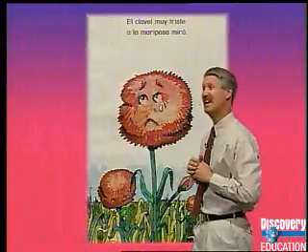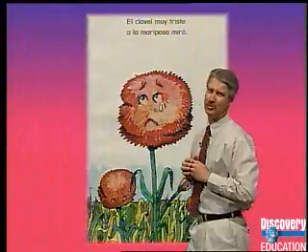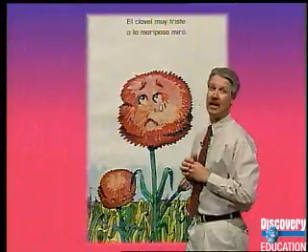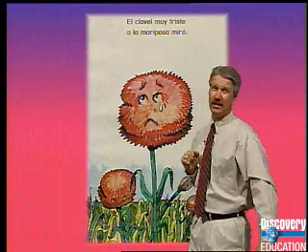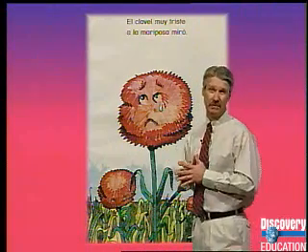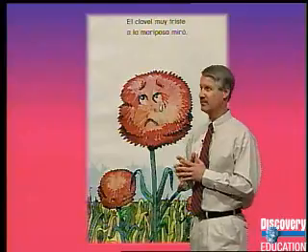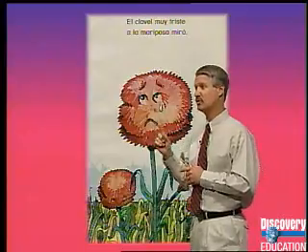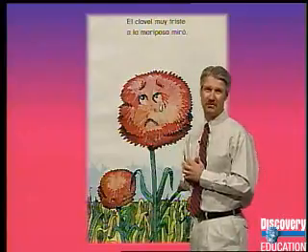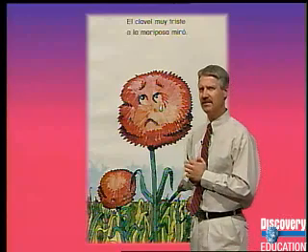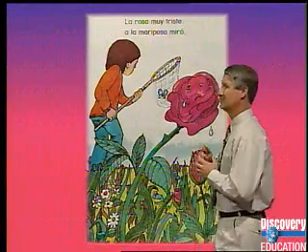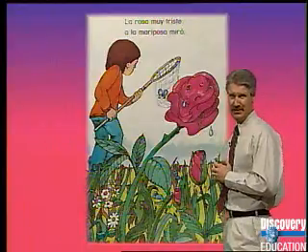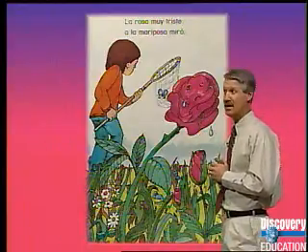Pues, el clavel, muy triste, a la mariposa miró. So here's the clavel, and it looked at the mariposa, at the butterfly, and it was very sad. Sonrió? No, it's not smiling anymore. What about the other flowers? La rosa, muy triste, a la mariposa miró.